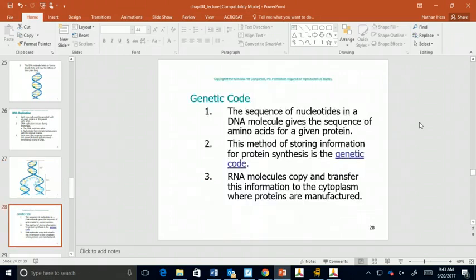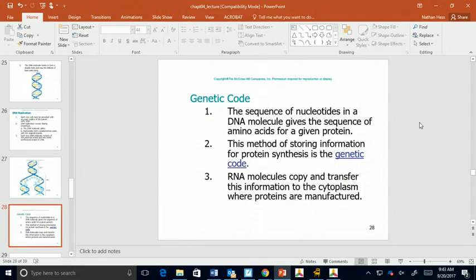Okay. That genetic code is the sequence of these bases, right? So that code tells the cells what to do. It's information. It's how the DNA stores information, the sequence of these bases.